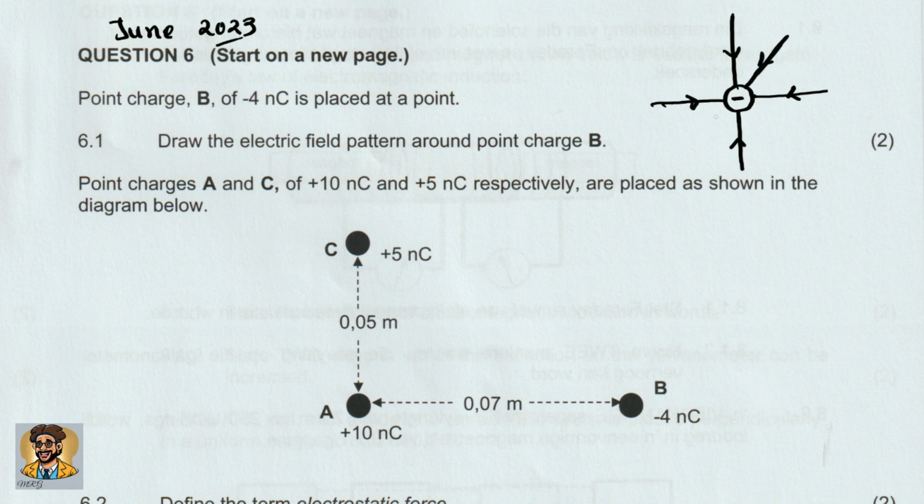Here is how you draw the electric field pattern for that specific charge. If instead of a negative you have a positive charge, then it is the same drawing but the direction of the lines is out.